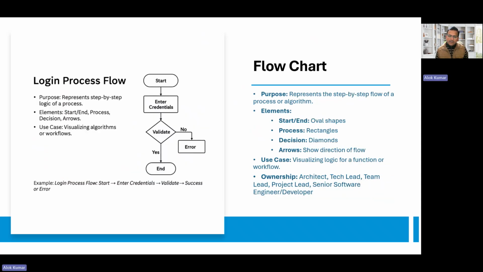Now, the next one is called the flowchart, which is very popular and is a basic one in software development, or I would say the programming process, where the developer, tech lead, designer, or business analyst designs the different logical things, how the process should start and end.